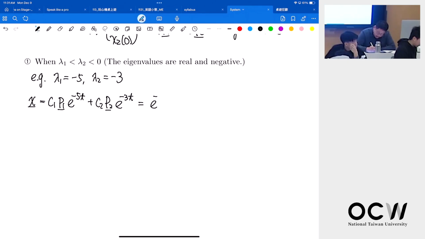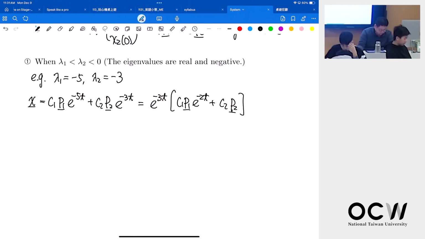Take the common term outside, which is e to the minus 3t. Then we have c1 p1 e to the minus 2t plus c2 p2. Now we need to predict, when t goes to infinity, what happens to this equation.